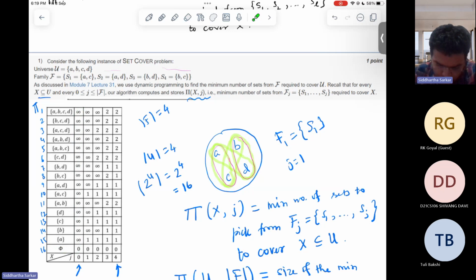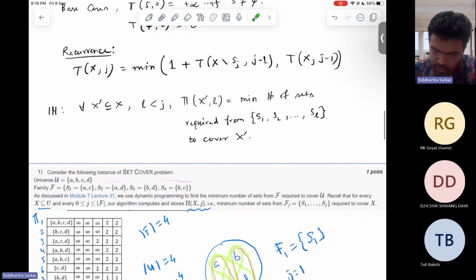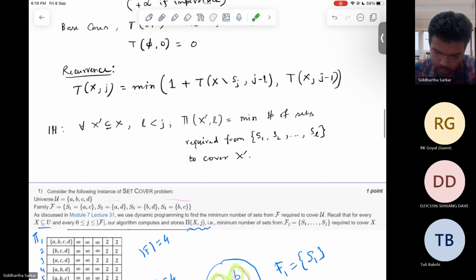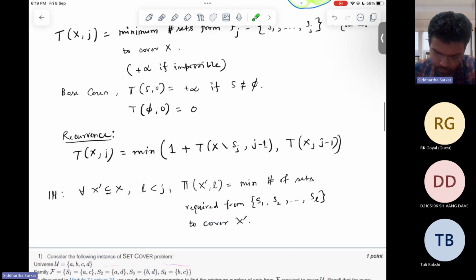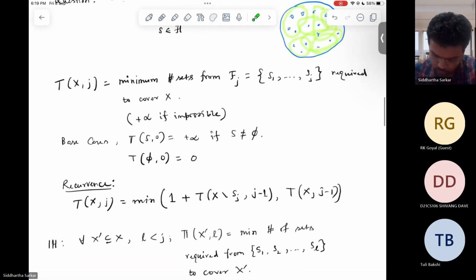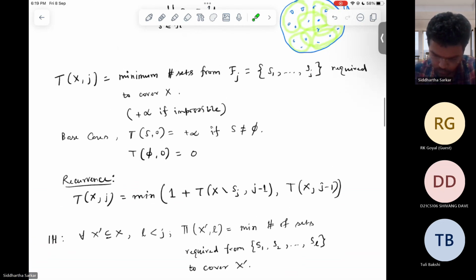So the question is, how do we compute a given x comma j? For that, there is a recurrence. I hope you are able to see the recurrence. Let's look at the base cases. The base cases are simple.